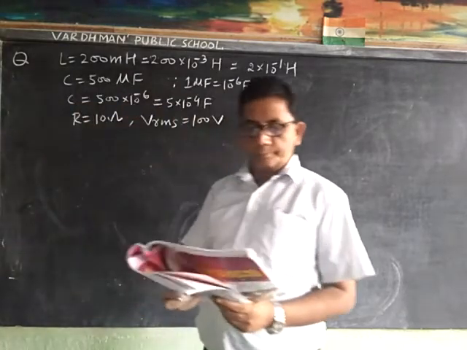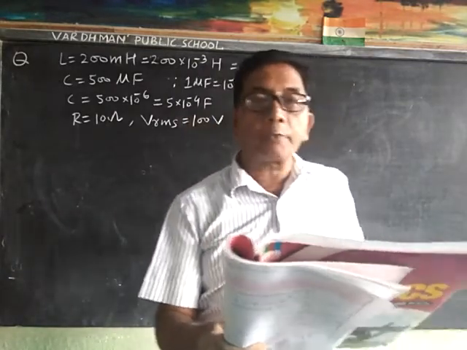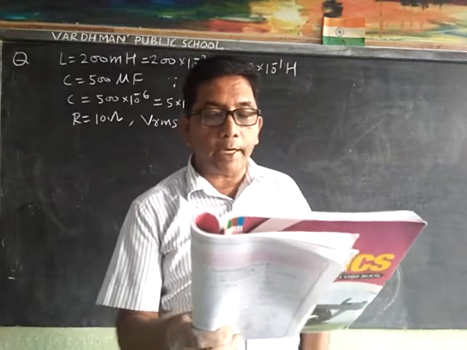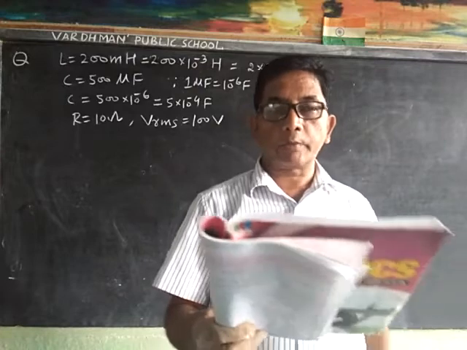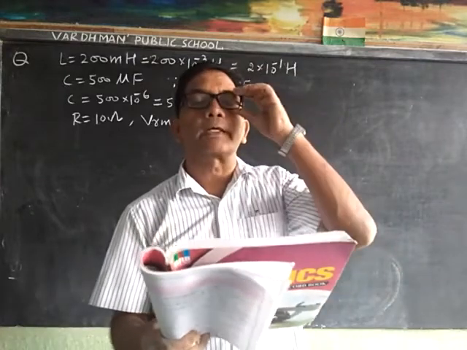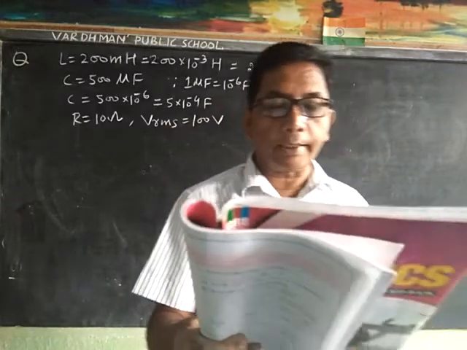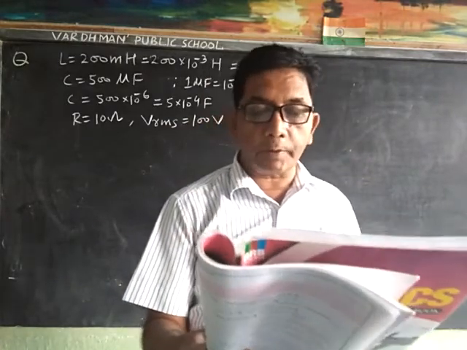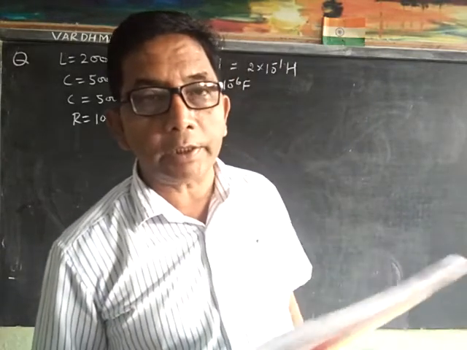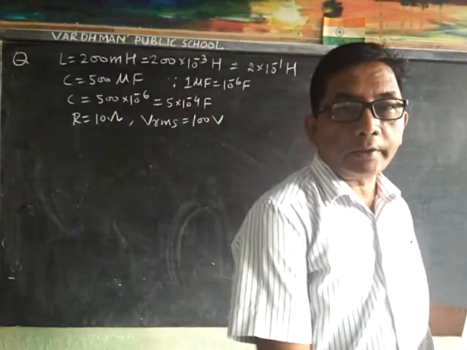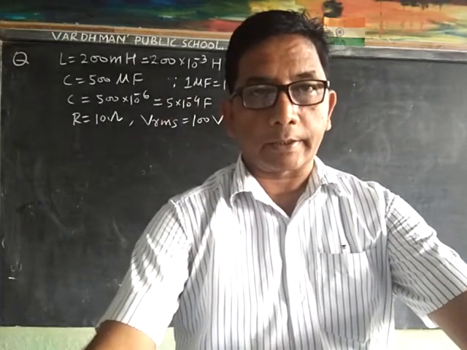Now calculate: first part, the frequency at which the power factor of the circuit is unity. Second, current amplitude at this frequency. And third one is Q factor, quality factor.